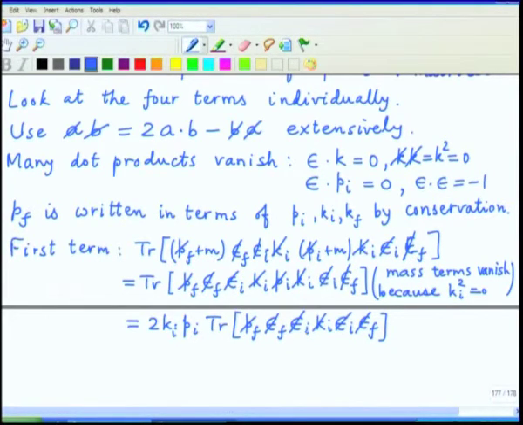So, one anti-commutation and the minus 1 makes the two epsilon I slash disappear, and the result is now k I dotted with p I times the trace of p f slash epsilon f slash k I slash epsilon f slash.